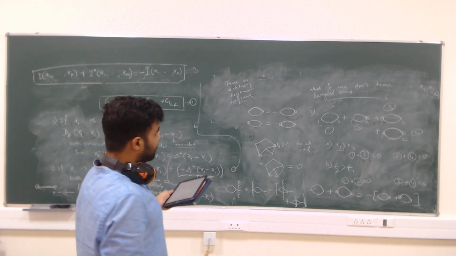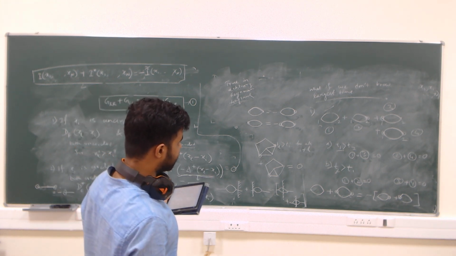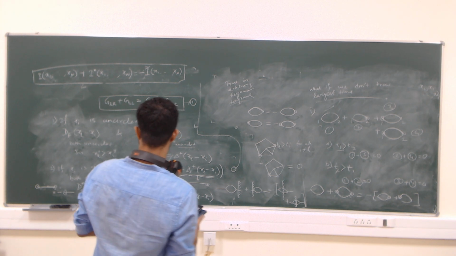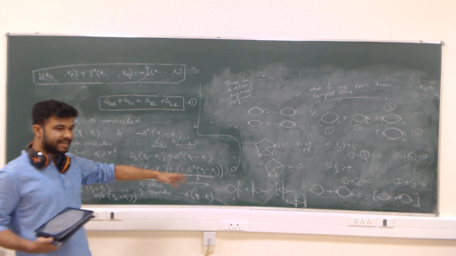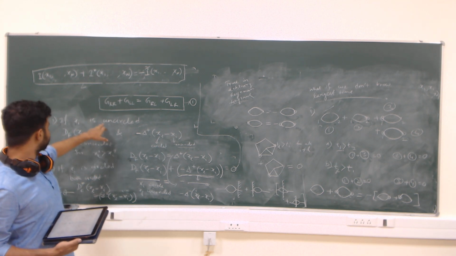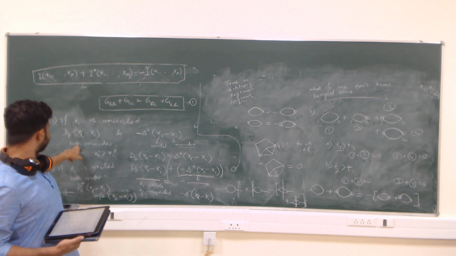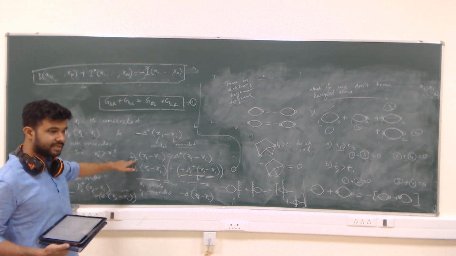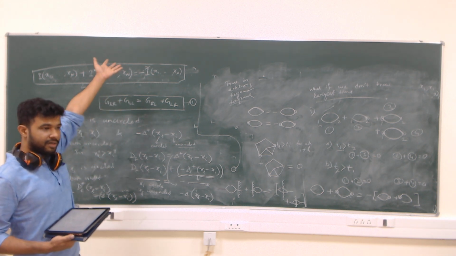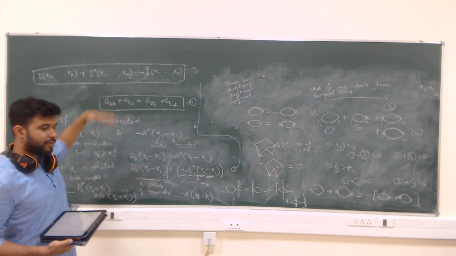Now the remaining point is just again very simple, that if you look at the correlators that we associated different diagrams to, this was the case where xi is uncircled and xj, the largest time, is also uncircled. We are considering the time ordered case. That was corresponding to the GRR propagator.